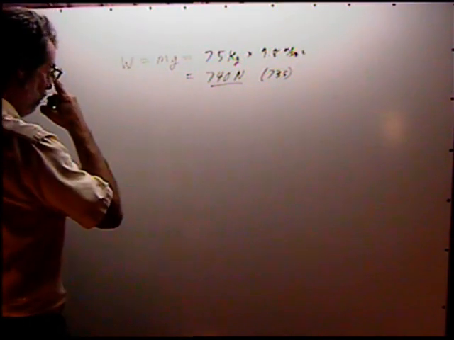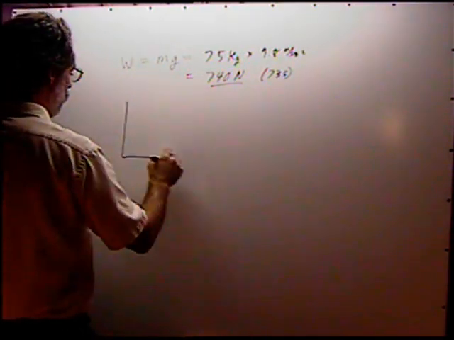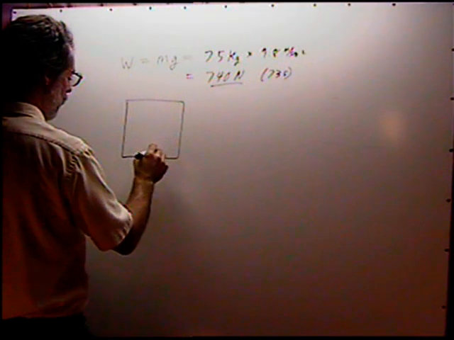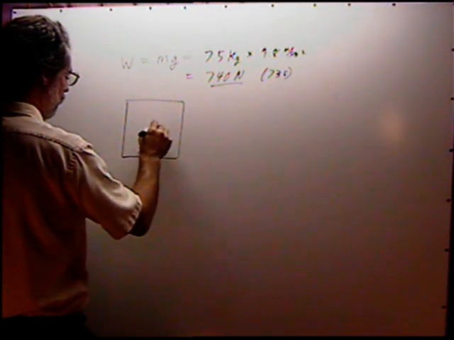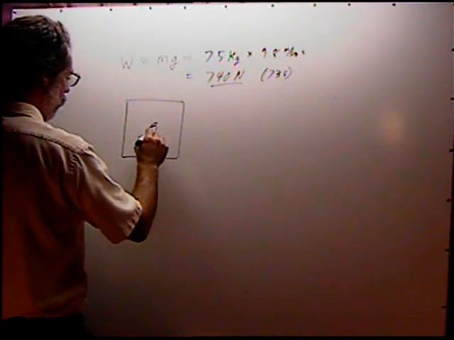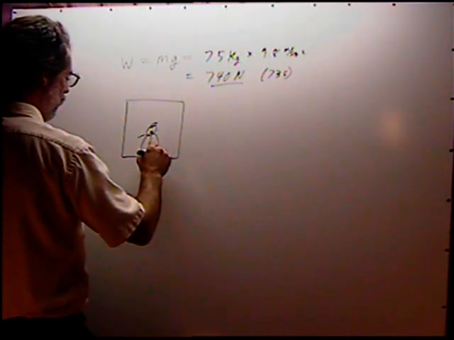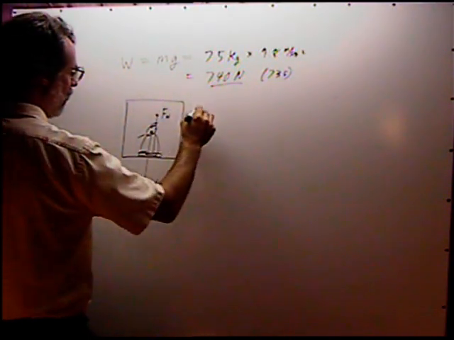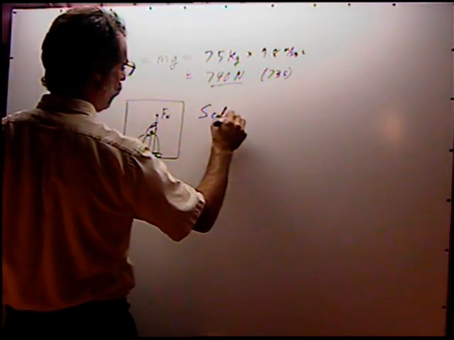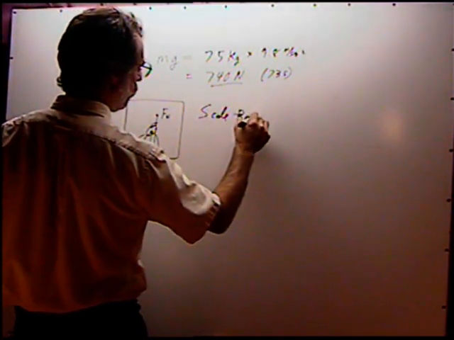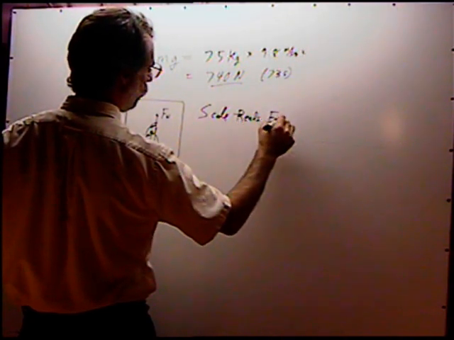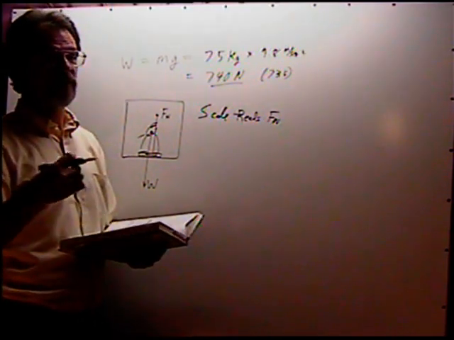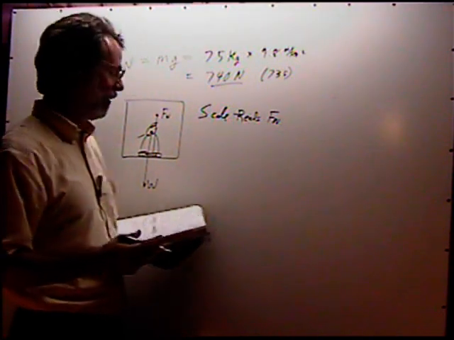So, in this case, remember, he's in an elevator, and the important thing is that here's the scale, and here's the person standing here. The weight of the person acts down, but the normal force acts up. And remember, as you said in the lecture, what the scale reads is really the reaction force, which is the normal force on the scale.